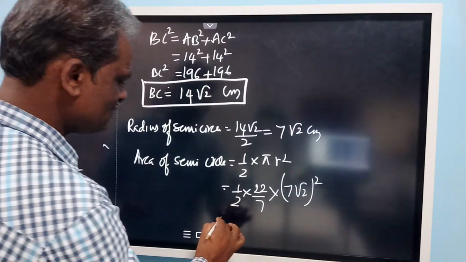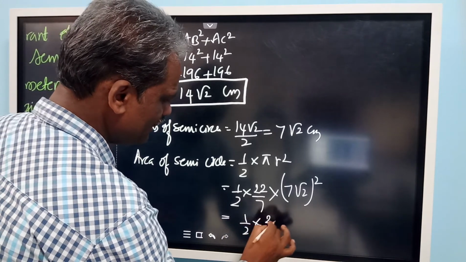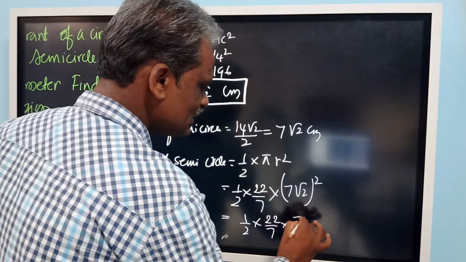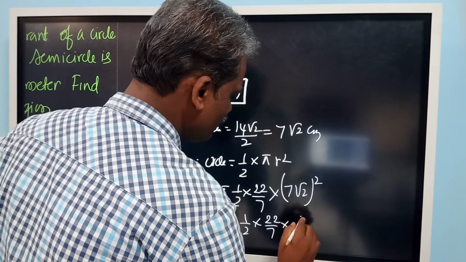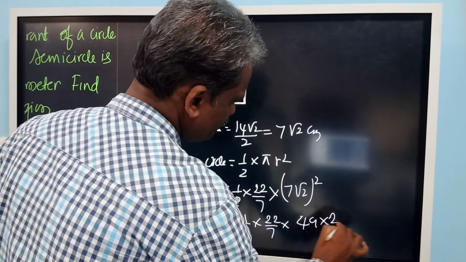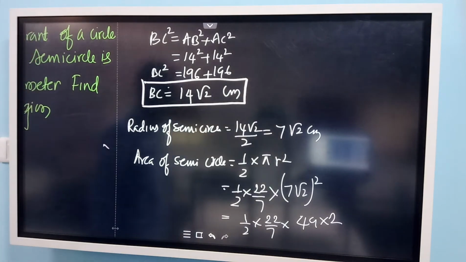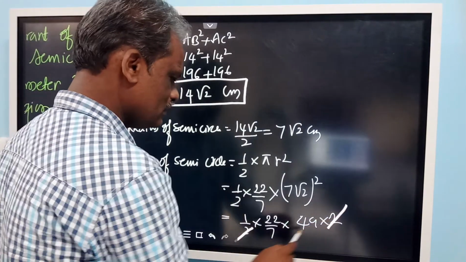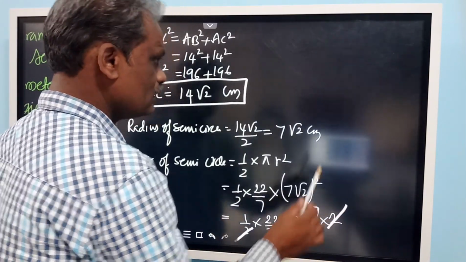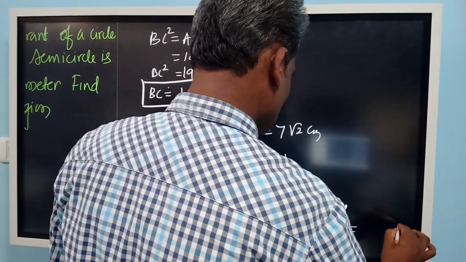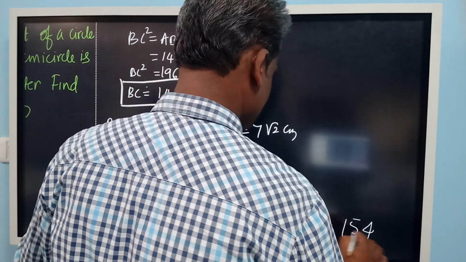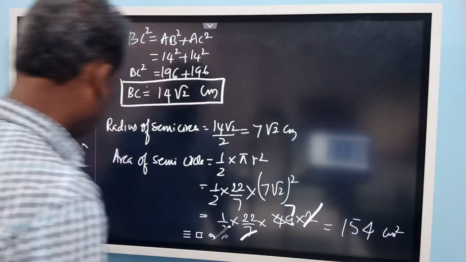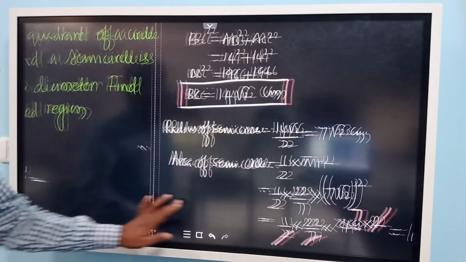So you can simplify this. 7 root 2 whole square is 49 into 2. 2 and 2 you can cancel. 7 ones are 7, 7 sevens are 49. So you are getting 7 into 22, 154 centimeter square. That is the area of the semicircle, 154 cm square.